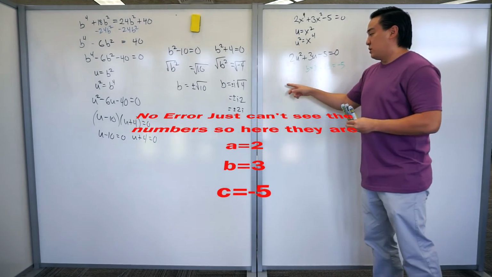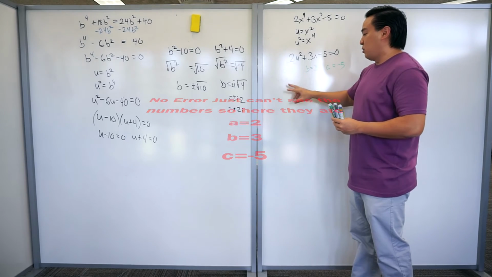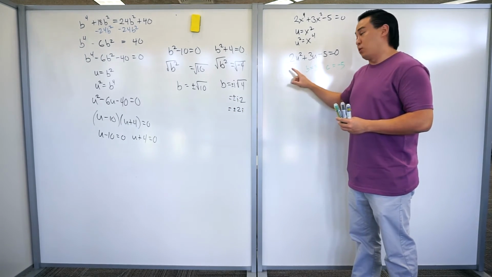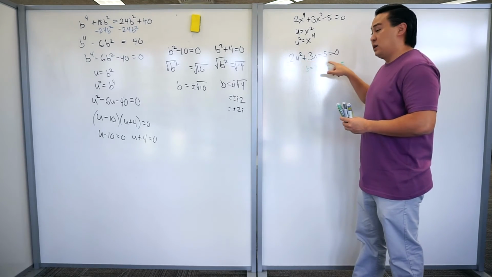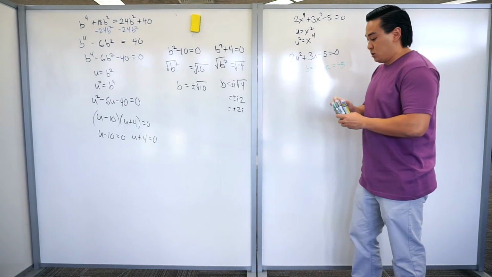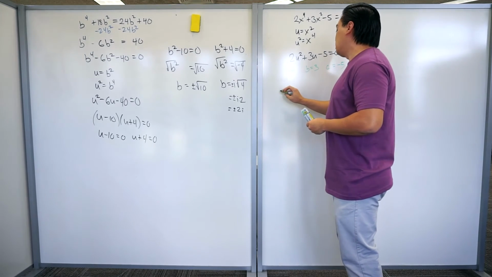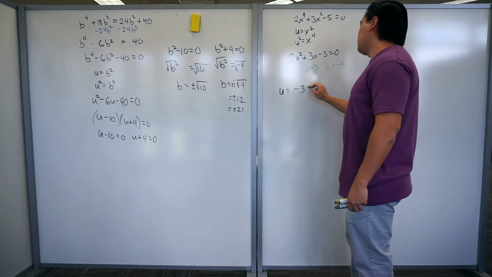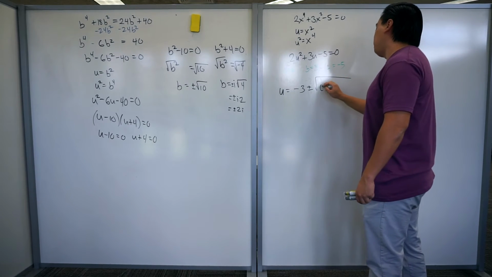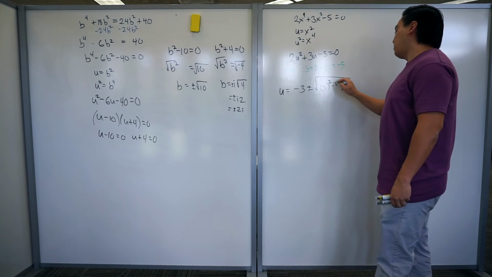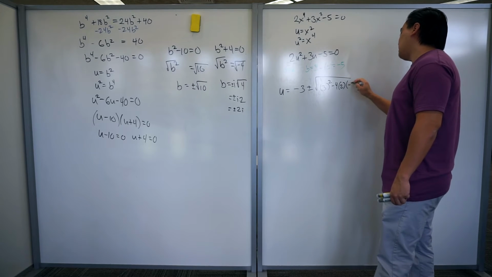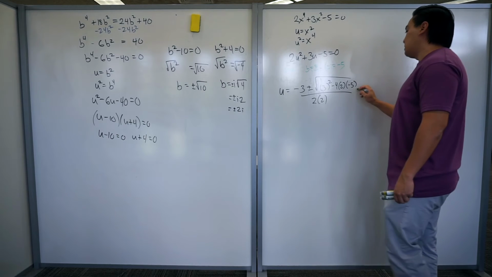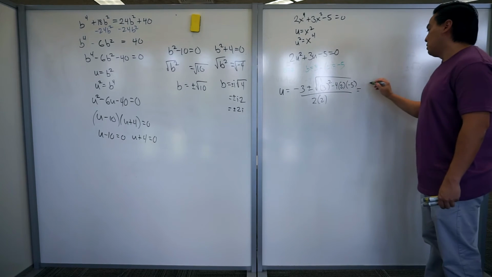Now, remember when we were using the quadratic formula, you have to say the input equals the quadratic formula. In this case, we're applying the quadratic formula to this, so the input value is u. So u is equal to negative b plus or minus the square root of b squared minus 4 times a times c, divided by 2a. This is doing the arithmetic.